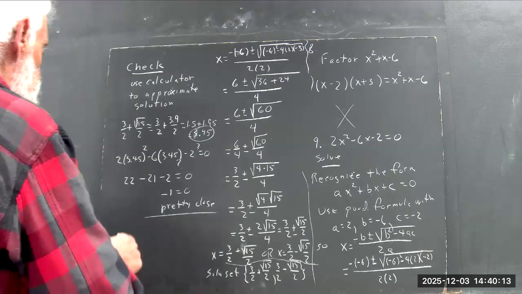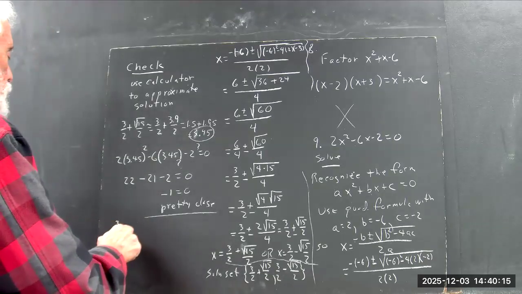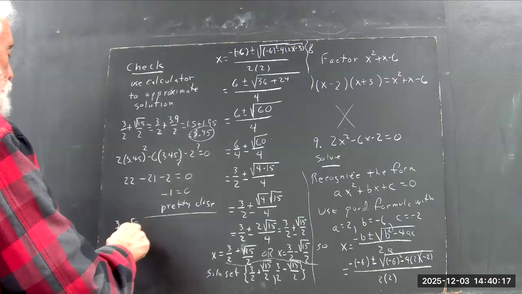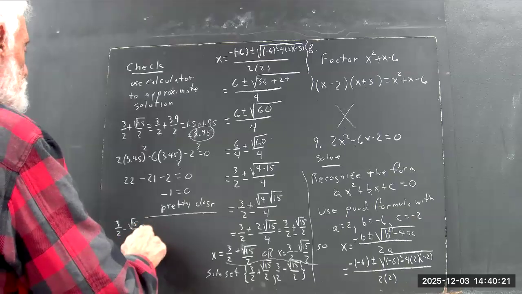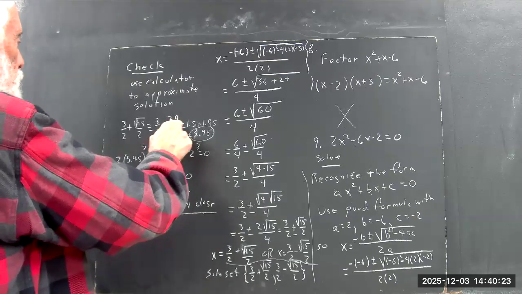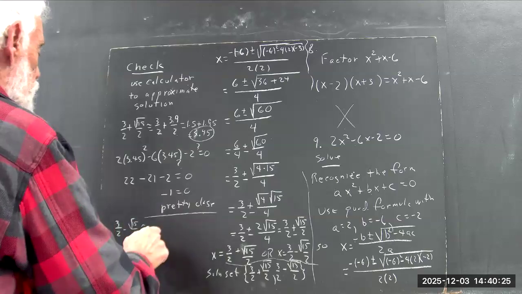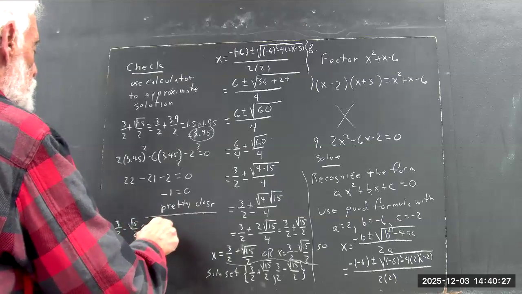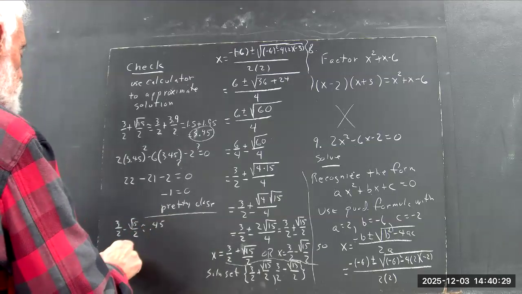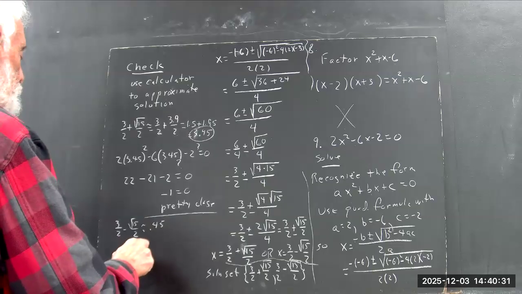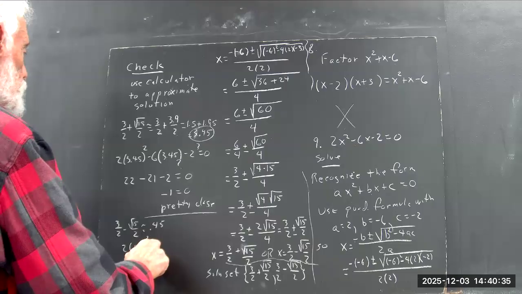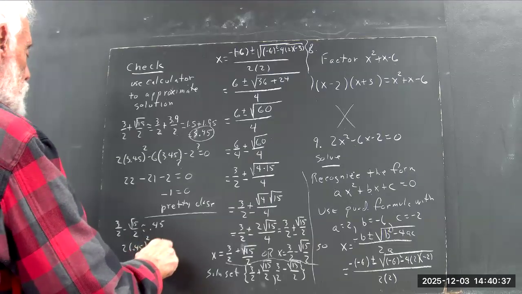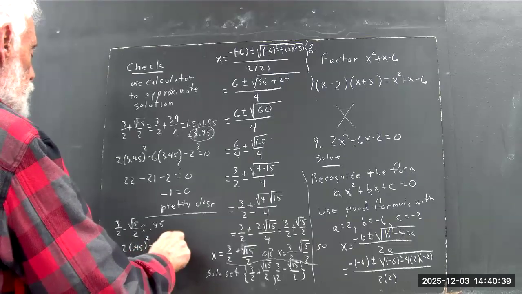And then you could do three-halves minus the square root of 15 over 2. Well, you use the same numbers, but you subtract this one, giving you 0.9 over 2. That's about 0.45. Two times 0.45 squared minus 6 times 0.45.